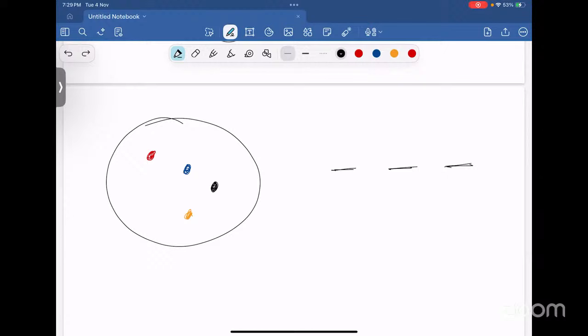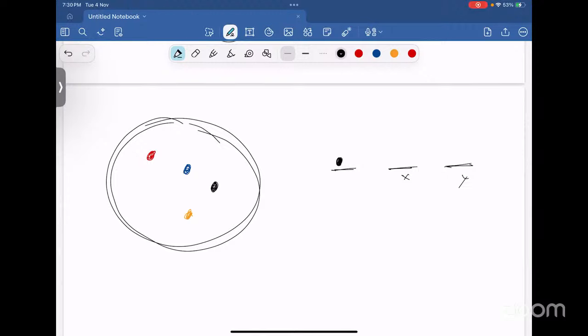and no ball can be put in two different places, then if I use the black ball here, then I cannot use the black ball here or here. So it's like without replacement. Once you pull out the black ball, you cannot put it back and reselect it again.